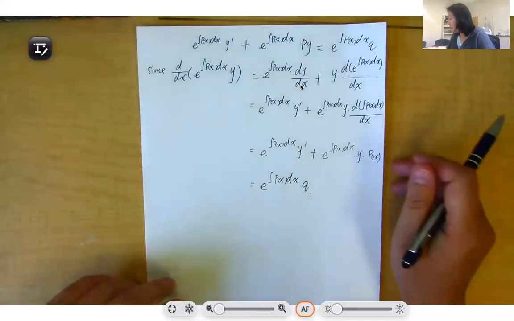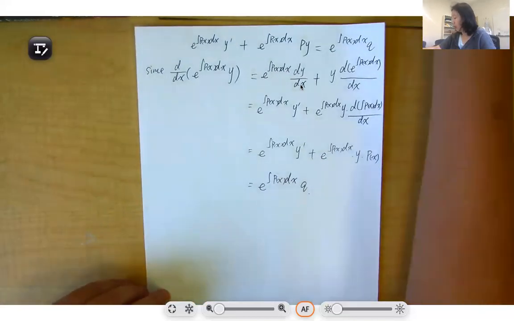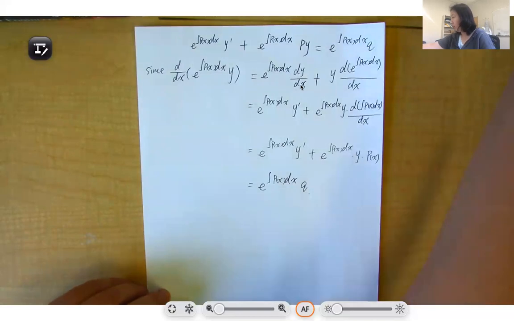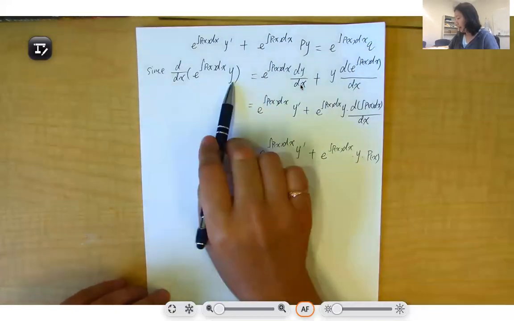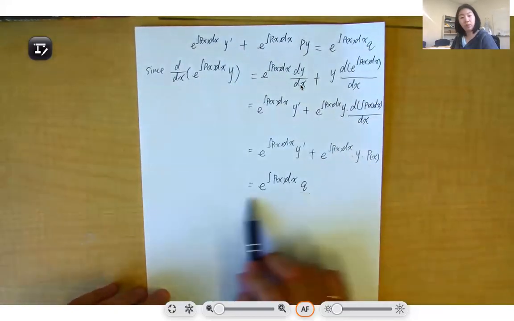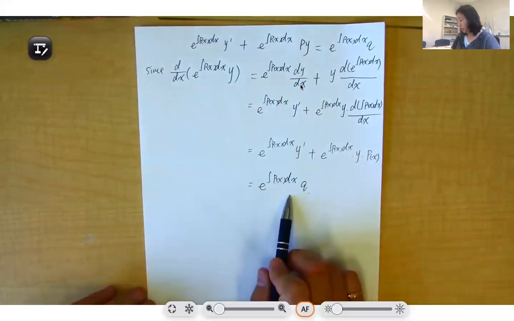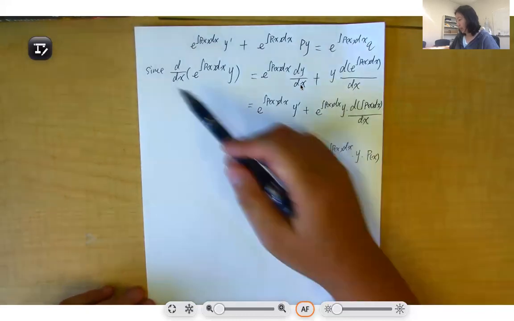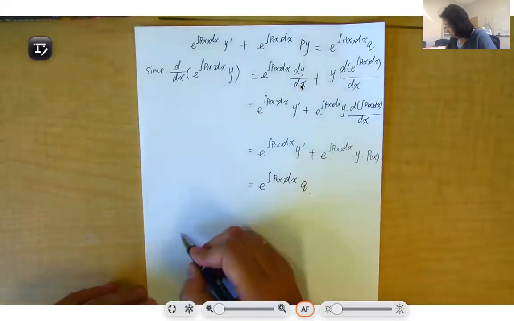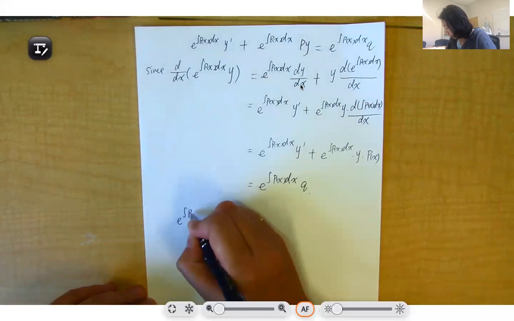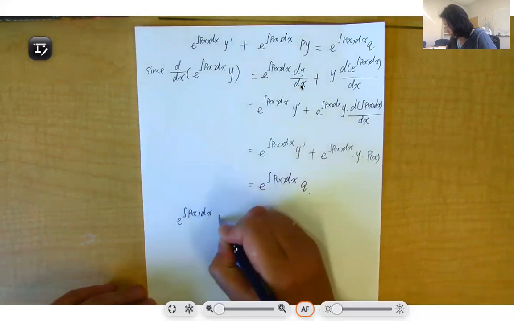Okay. So after that, we know that this left-hand side will be equal to the right-hand side. Then we can integrate both sides, which is e to the integral of p dx times y.